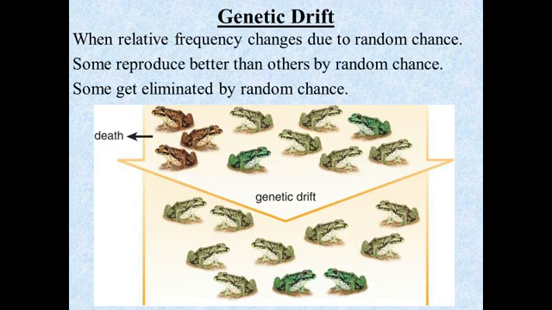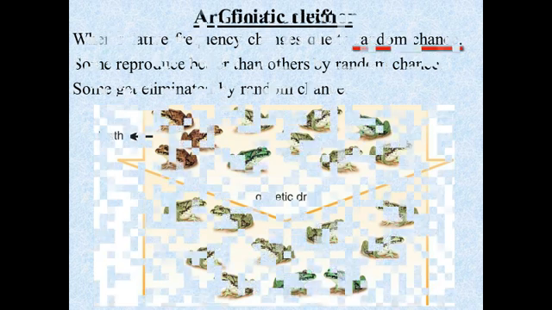So that particular allele, that brown allele, just by random chance got eliminated or reduced from the population. Okay, so that's genetic drift. It's a purely random occurrence. And the next 2, so important thing is to know that that is a random process when we talk about genetic drift. The next 2 are not random.